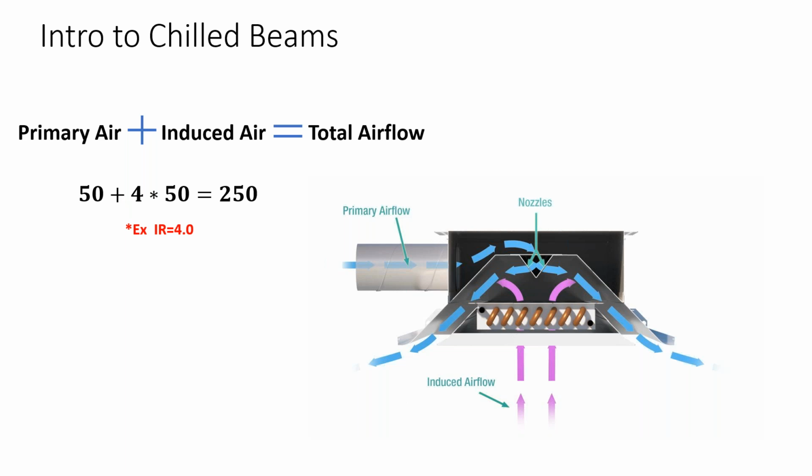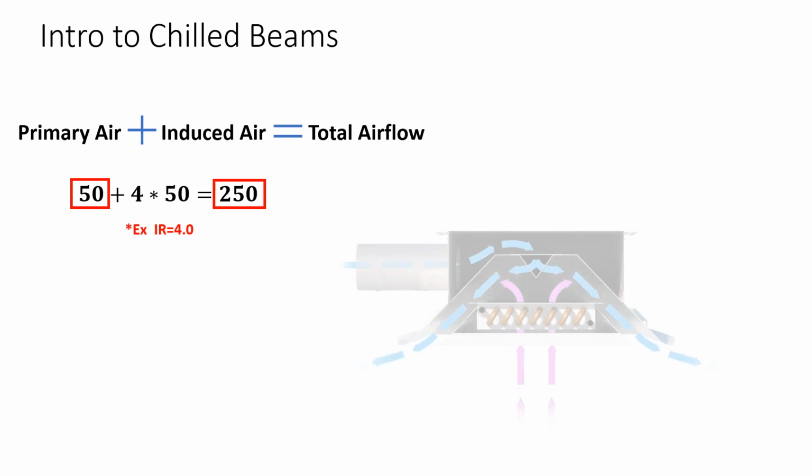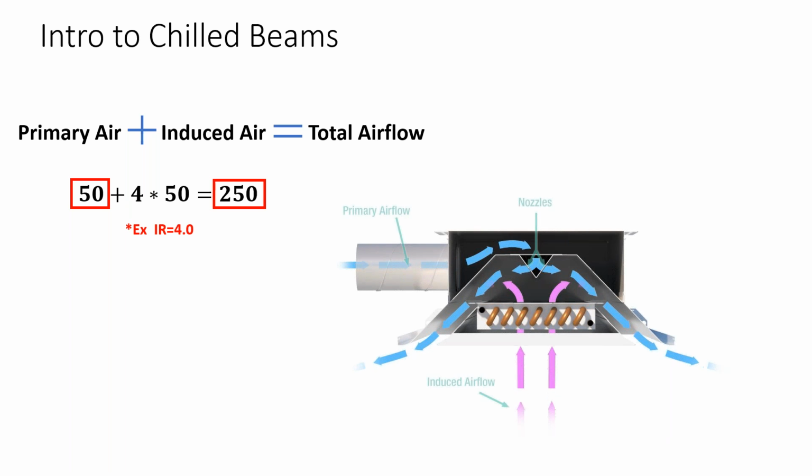Say for a 4-foot unit, we've got 50 CFM of outside air, or primary air, being supplied through the duct into the unit, and that's pressurizing that pressure vessel above the nozzle plates called out in the right photo. Then you have 4 parts, 4 times 50, which is the induced airflow, which combines to equal 250 CFM, the total airflow being supplied to the space.